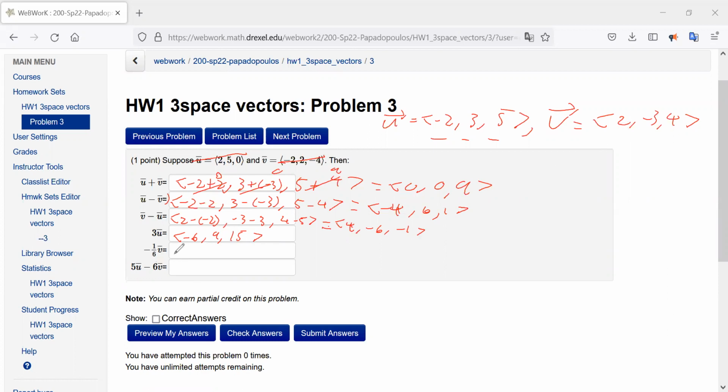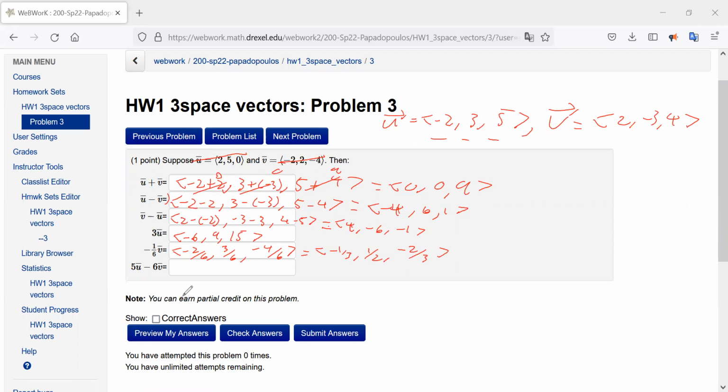So we get, that's negative 2 divided by 6. Negative times negative 3 becomes positive 3 divided by 6, and then negative 4 divided by 6, which of course simplifies to negative 1/3, positive 1/2, and negative 2/3. Cool.